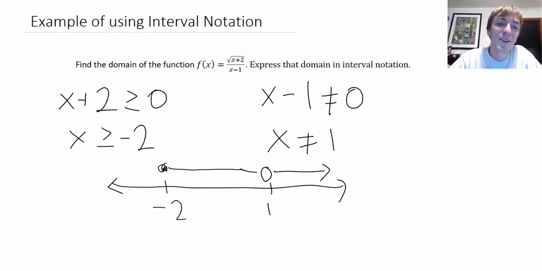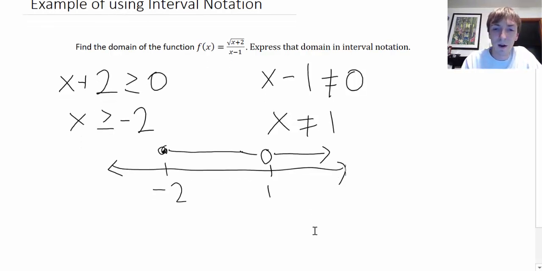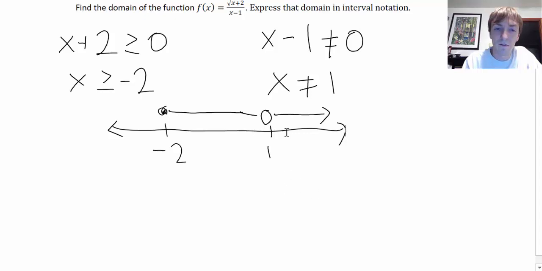So, what do I see here? I see that x has to be to the right of minus 2, and minus 2 is okay because of that greater than or equal to, but I can't equal 1, so I need an open circle there. So I've got 2 intervals going on right now. And I'm going to write out both of these. So the first interval here is between minus 2 and 1.